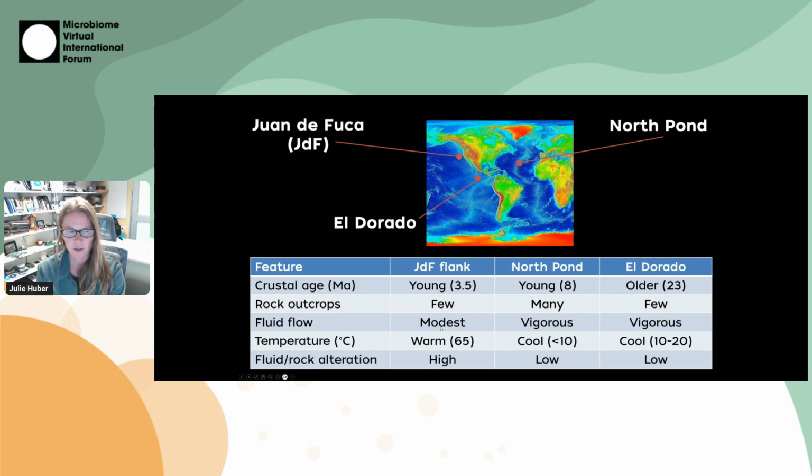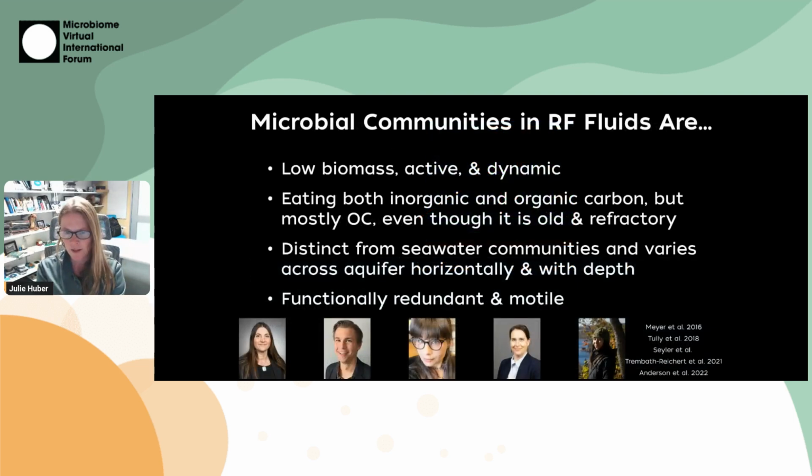They have different fluid flow regimes. 2 of them are quite cool. One of them is a little bit warmer. And so they've presented a really nice opportunity to study microbial communities in a very different environment than a mid-ocean ridge. We've learned a lot from these studies.